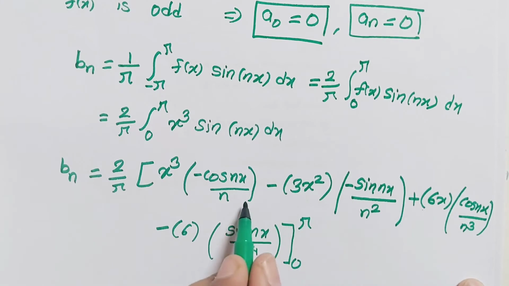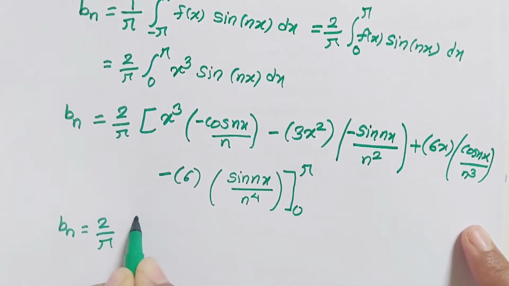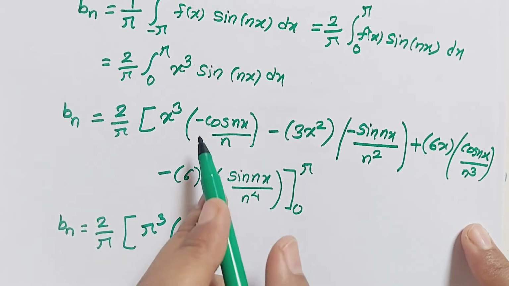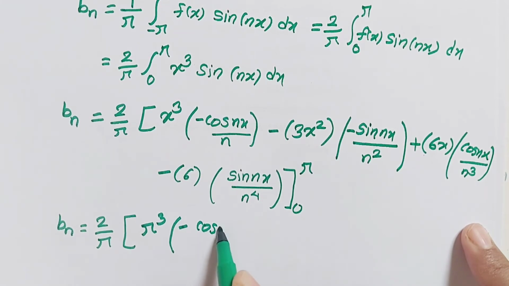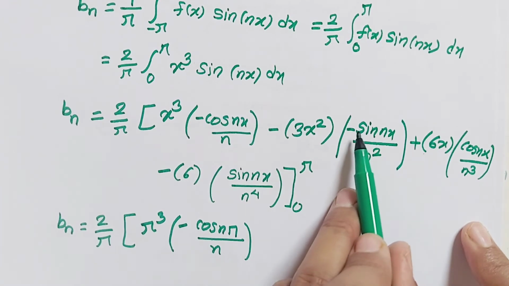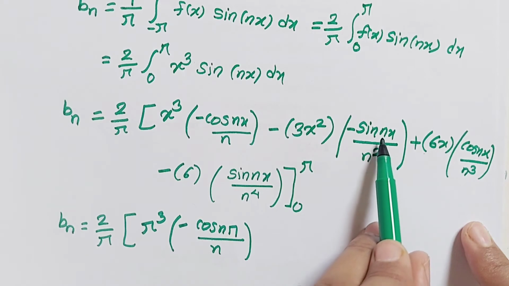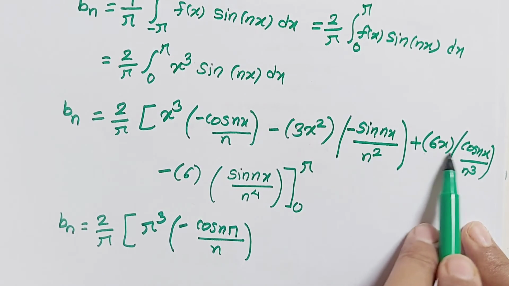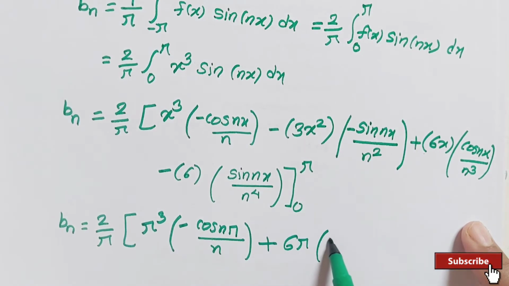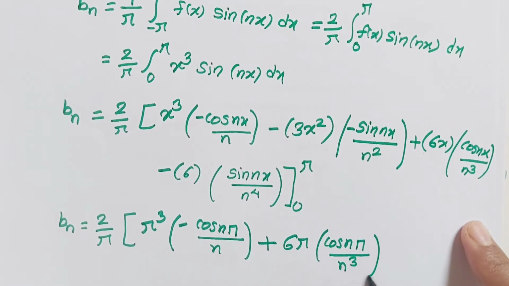Now we have to put the upper limit. So here bn is equal to 2 by pi, upper limit is pi, so we get here pi cube in bracket minus cos n pi divided by n, then here at upper limit pi, sin n pi is 0, always the value of sin n pi is 0 where n is an integer, and here x equals pi, so here plus 6 pi cos n pi divided by n cube.